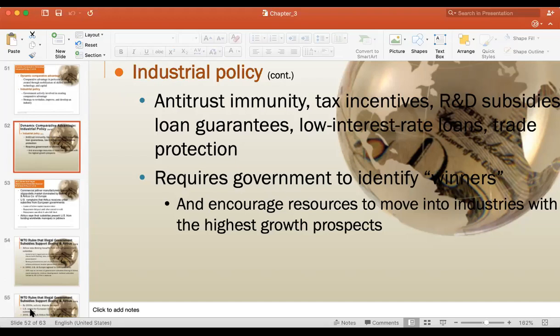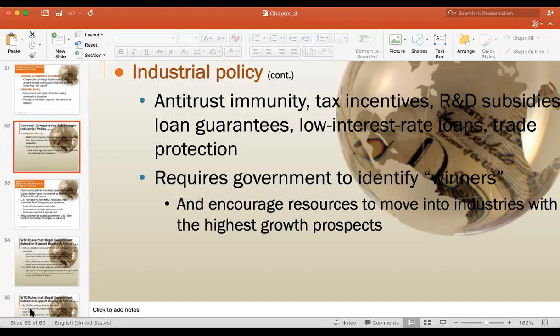So first of all, you want to identify which industries happen to be giving you the highest productivity, or you expect them to give you the highest productivity. In other words, they have good future potentials. Now, a lot of countries would look to what we call the sunrise industries.